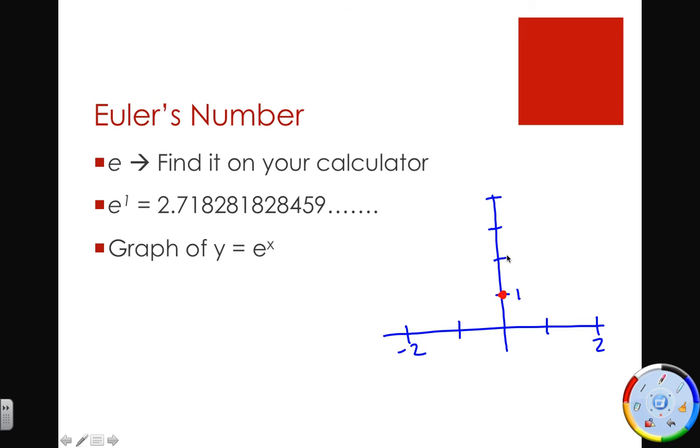And then at the point 1, I'd be at 2.7, which is right in here somewhere. And at negative 1, I'd be a little bit less than half, so somewhere in there. And the function is still going to follow the same outline as before. We still have a horizontal asymptote at 0.